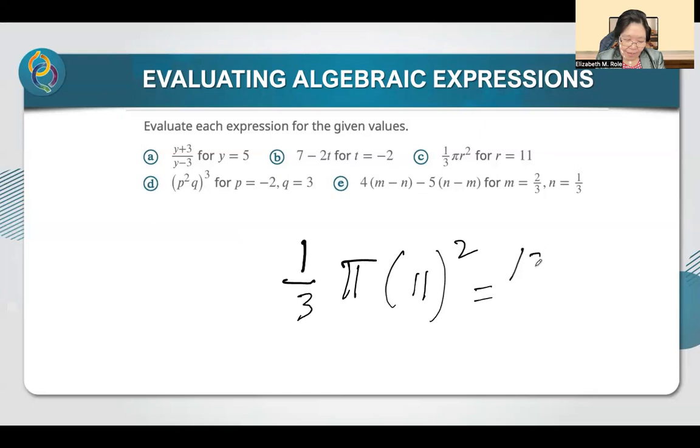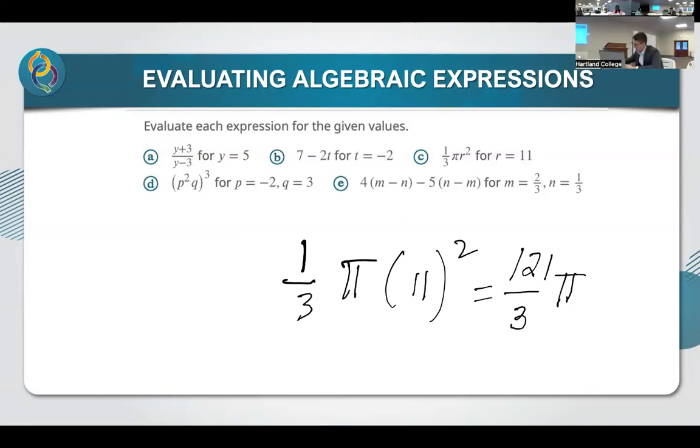The final answer will now be 121 over 3 pi. Just stay with the pi. So 11 times 11 is 121, and multiply 121 times 1/3 pi. 121 times 1 is 121 times pi over 3.